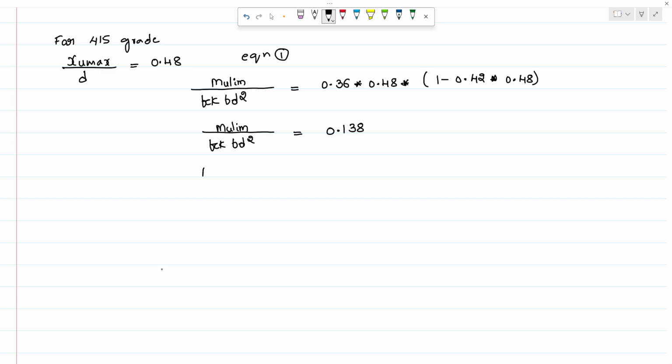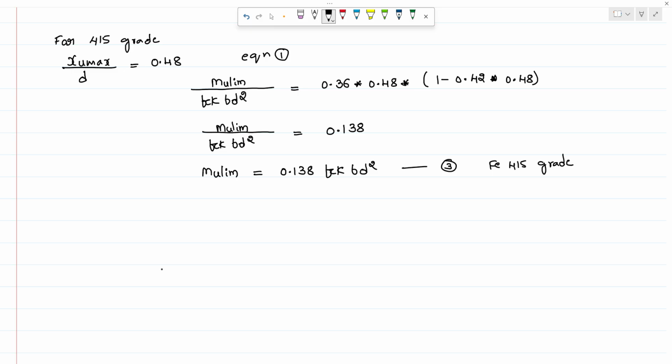So this can be written as Mu limit equals 0.138 fck bd square. I will call this equation number 3, and this is for Fe 415 grade.